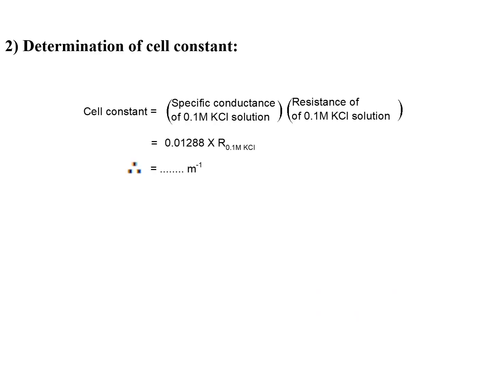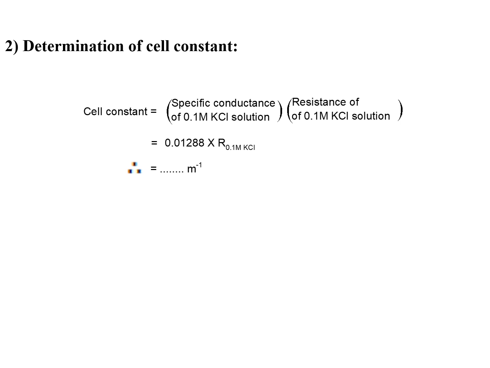Once the resistance of potassium chloride solution is determined using Wheatstone bridge, cell constant can be easily determined by having the standard value of specific conductance for 0.1 molar KCl. So the product of specific conductance and resistance of potassium chloride solution gives finally the cell constant in terms of per meter.